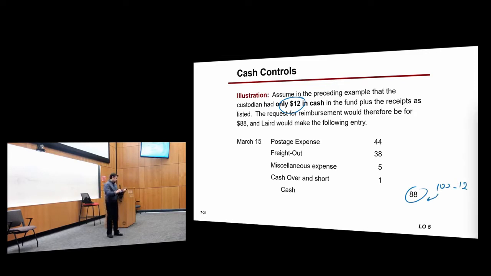This account here, cash over and short, is the account that the company would use to record any shortage in the money, or any money that is over. Because in certain cases you might also have $14. How could that happen?